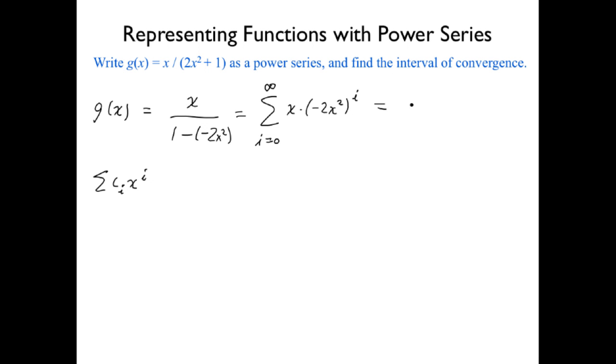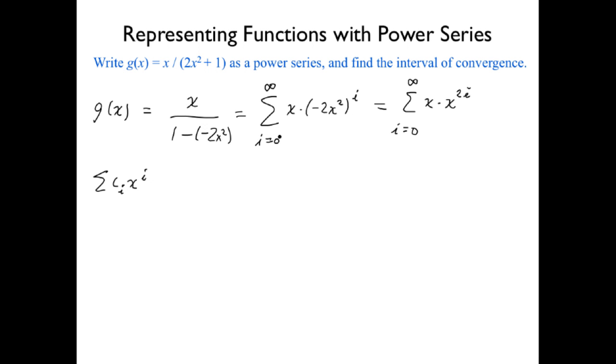So what do we really have? A product to an exponent means each factor is raised to that exponent. Let's do the x's first. How many x's to the i do we have? From the inside here, we have x squared to the i, which is x to the 2i.